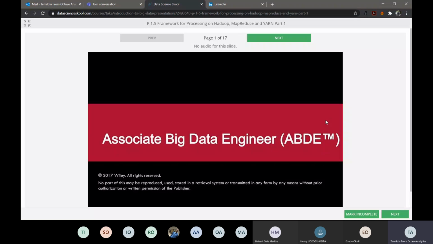Then I told you about the name node, the data node, and the different processes and functionalities of your name node and data node. Most of those things are functionalities that come with the Hadoop distributed file system, your HDFS.